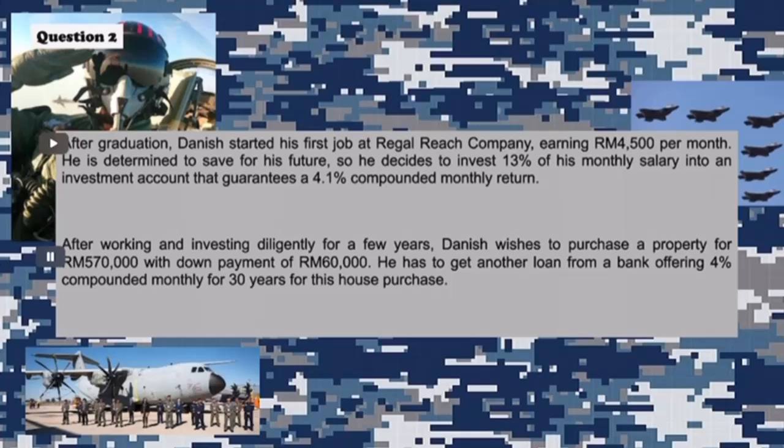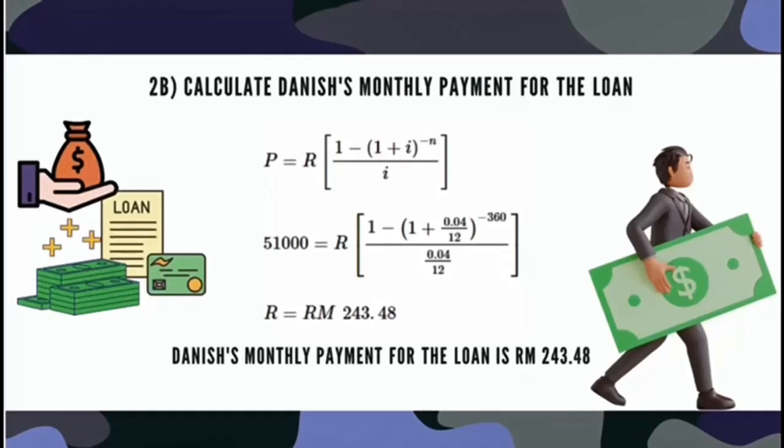After working and investing diligently for a few years, Danish wishes to purchase a property for 570,000 with a down payment of 60,000. He has to get another loan from a bank offering 4% compounded monthly for 30 years for this house purchase. For question 2B, let's calculate Danish's monthly payment for his loan.